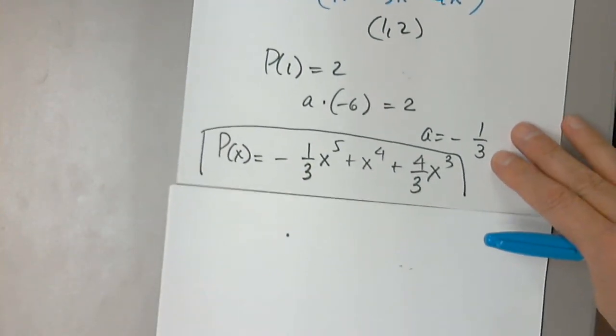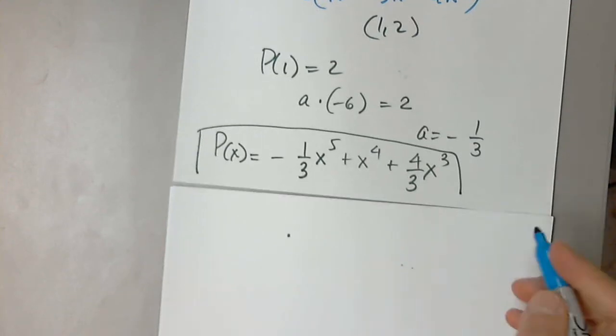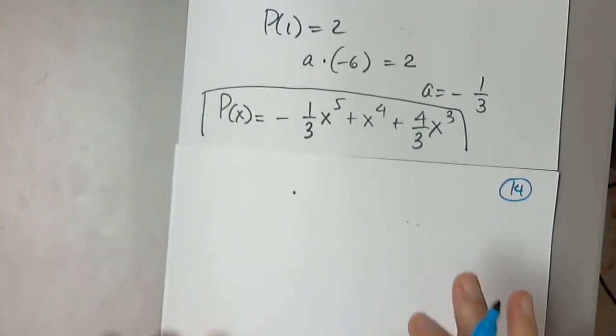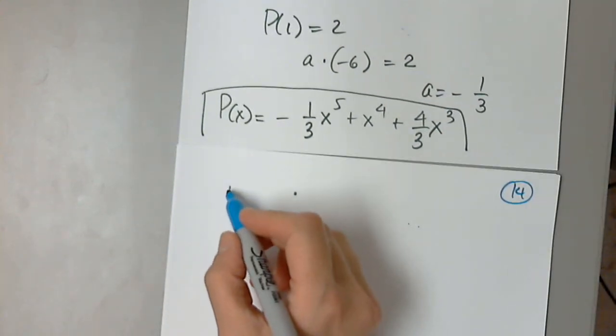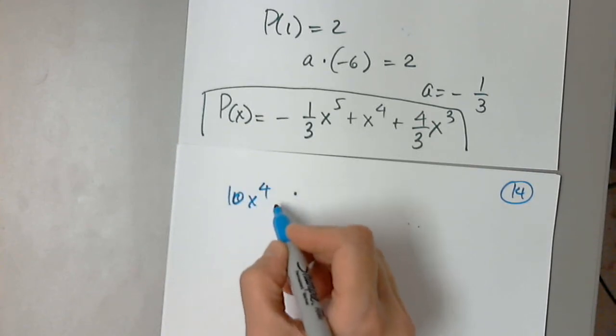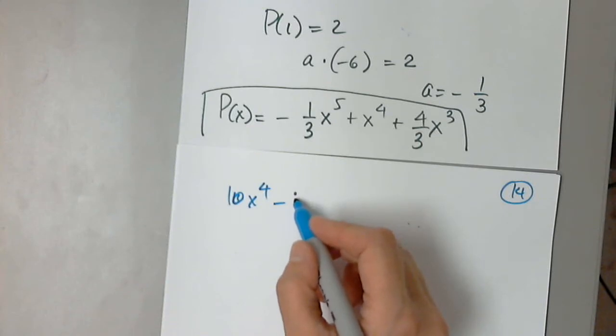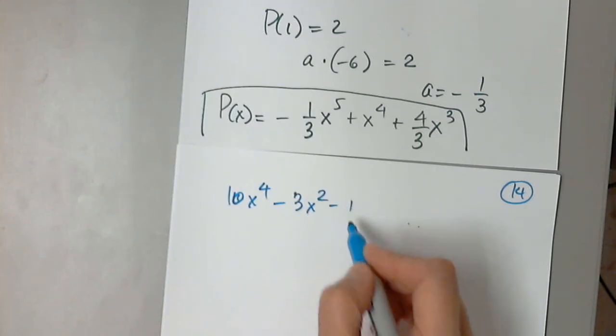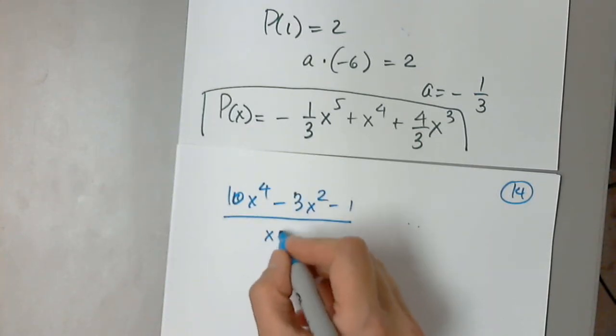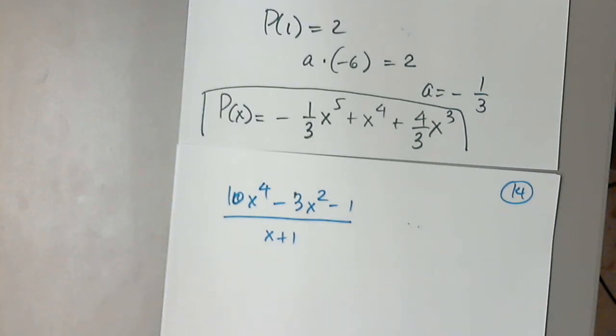Good. So let's also look at the factor theorem. Let's say we have 10x to the 4th minus 3x squared minus 1 divided by x plus 1. We have a polynomial at the top. We have a polynomial in the denominator.